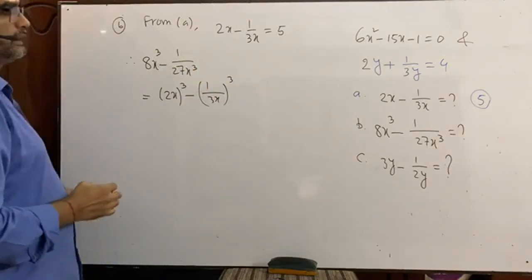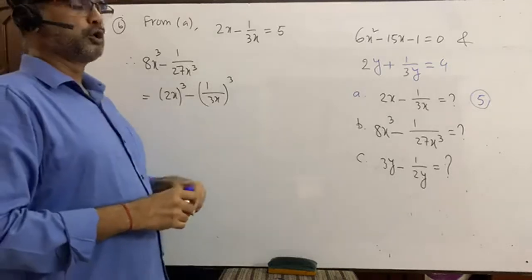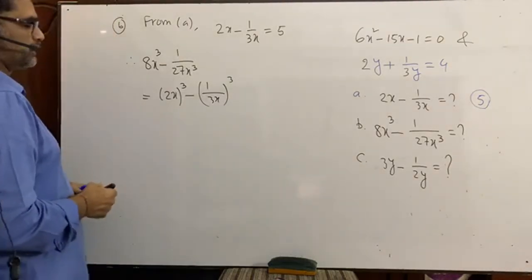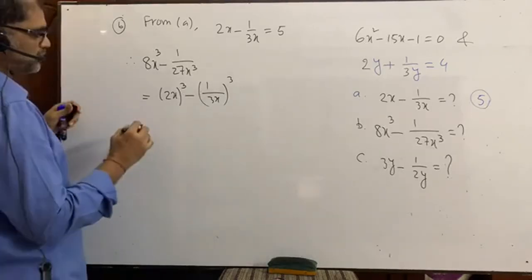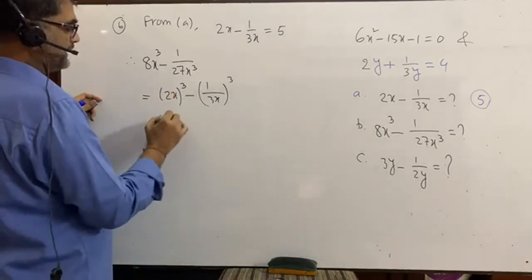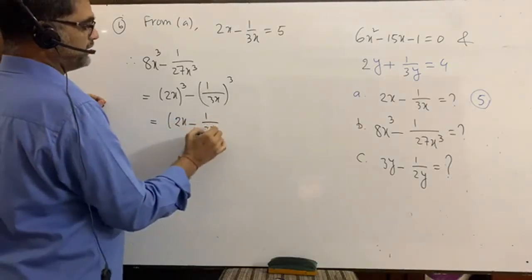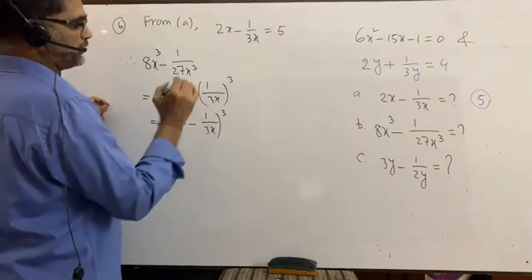a cube minus b cube, its corollary is what? Its corollary is a minus b whole cube, right?